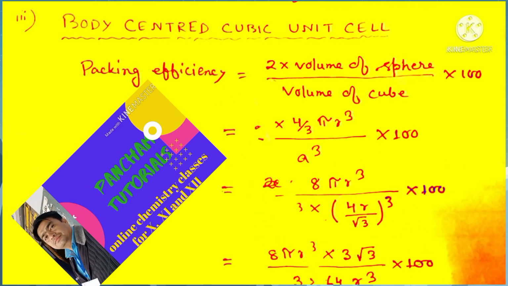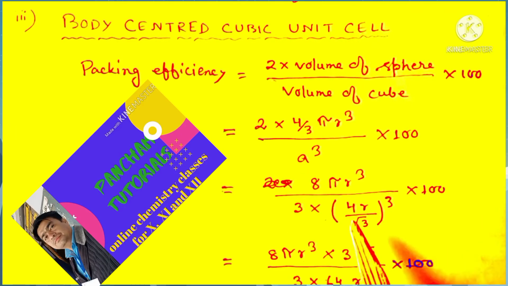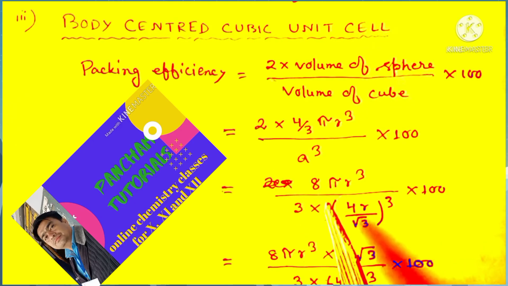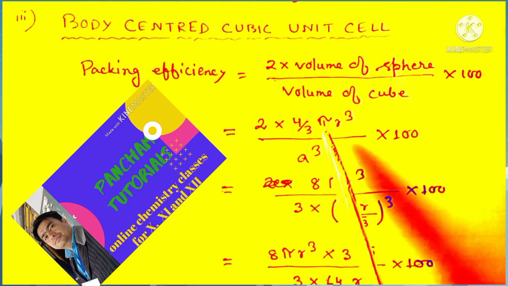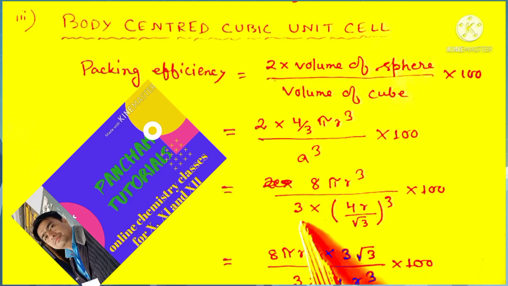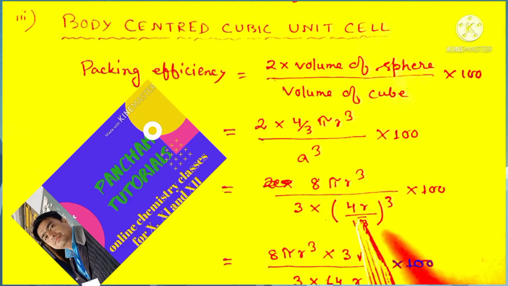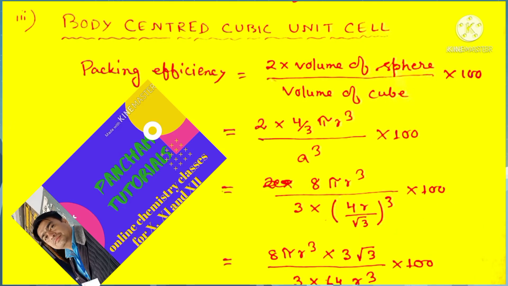In the body centered cubic unit cell the edge length a is equal to 4r by root 3. So now we will put the values here. In this way we are getting 4 into 2 is 8, then pi, then r cube multiplied by 100, divided by 3 into 4r by root 3 whole cube.